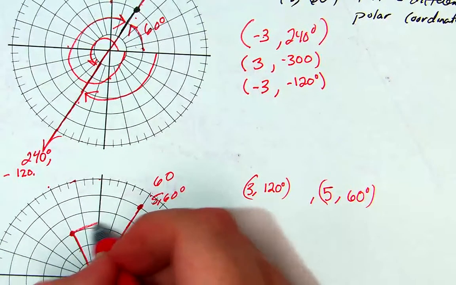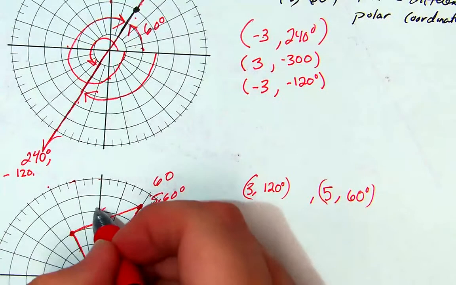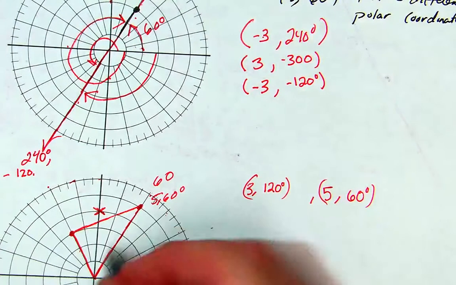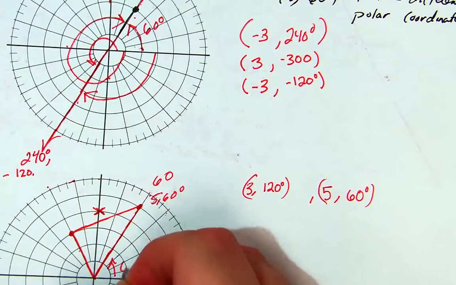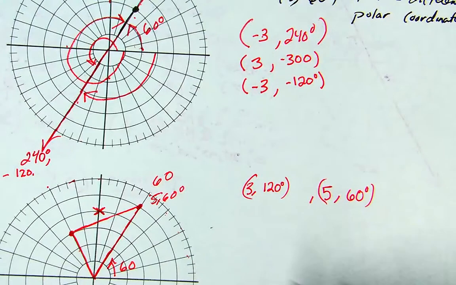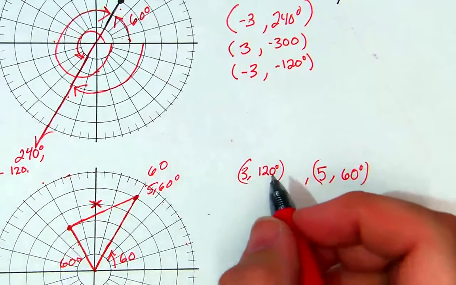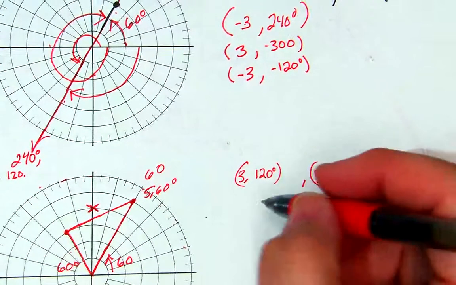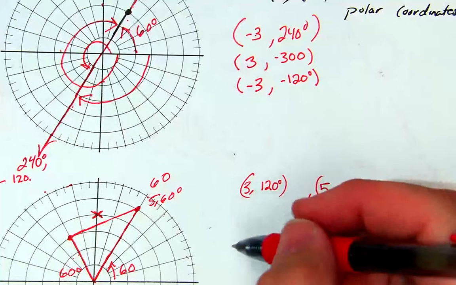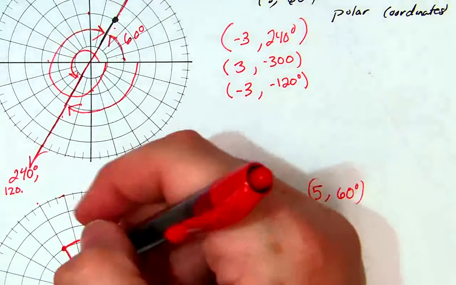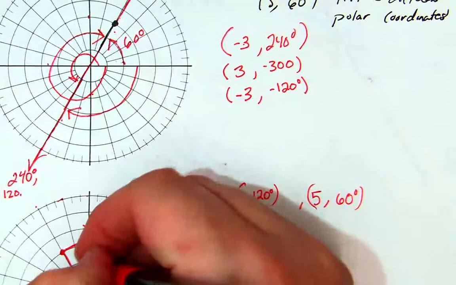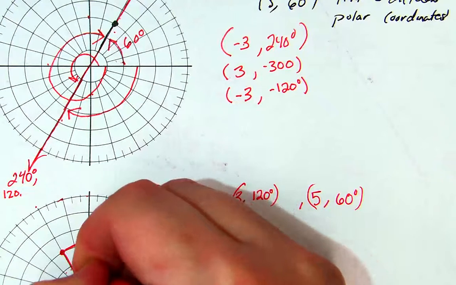And I want to get this distance right here, my x value. Now I know that is 60 degrees. I know that guy's 120, so that guy is 60 degrees. So now what I've done is, to get 180 degrees, this guy has to be 60 degrees here.